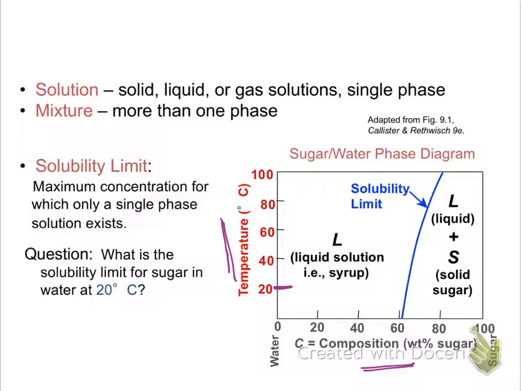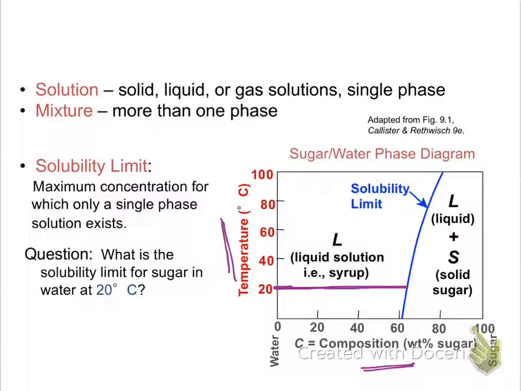And so what is the maximum, or what's the solubility limit at 20 degrees? Well, we go over at 20 degrees and we find where on that line is 20 degrees. It's right there. Okay, but what does that mean by saying it's that point right there?